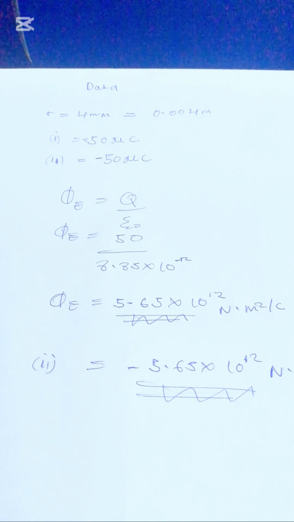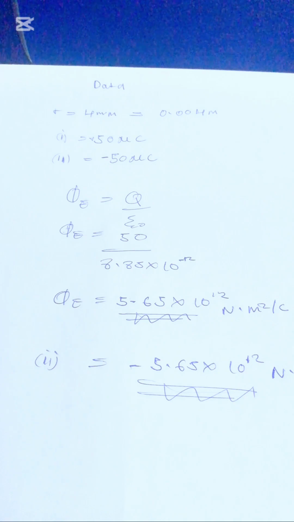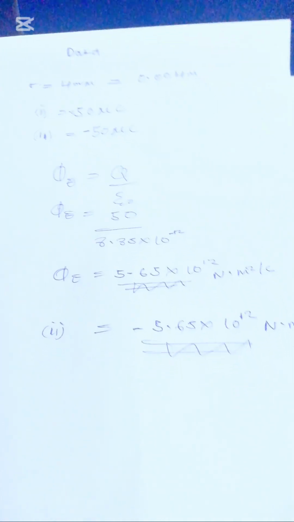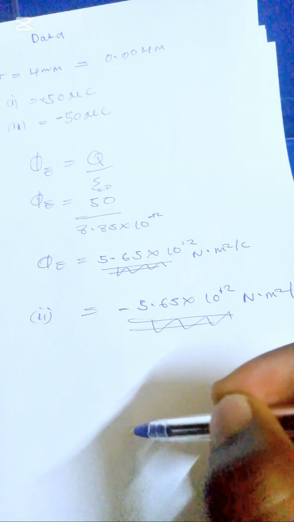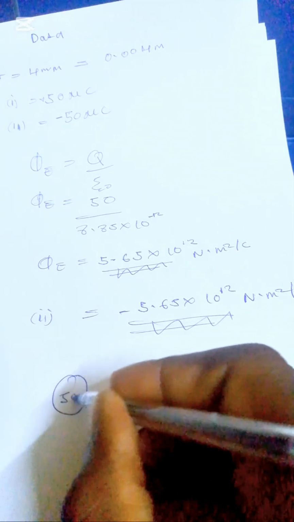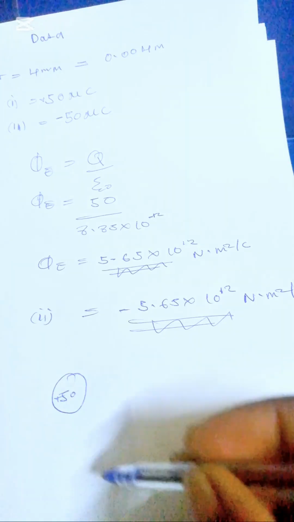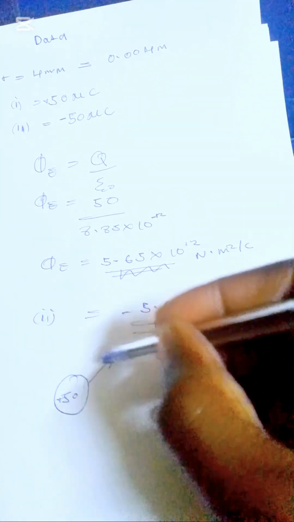Then our question is also asking us to draw a simple sketch showing the direction of the electric field. So I think I talked about this in the previous video. I said electric field, when it's positive, so you have a positive 50 charge, which means the electric field lines will go outward.